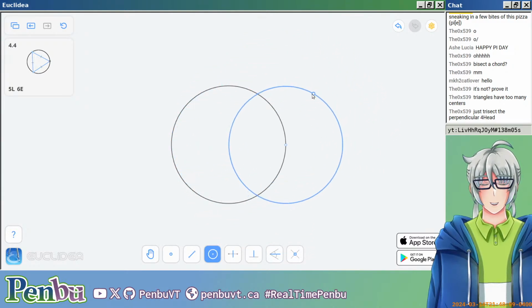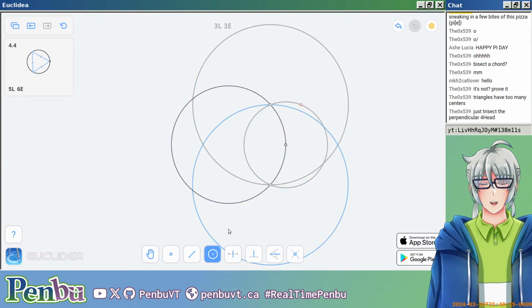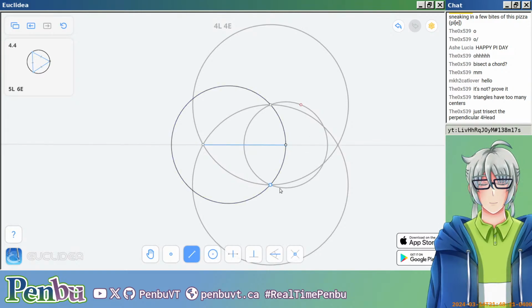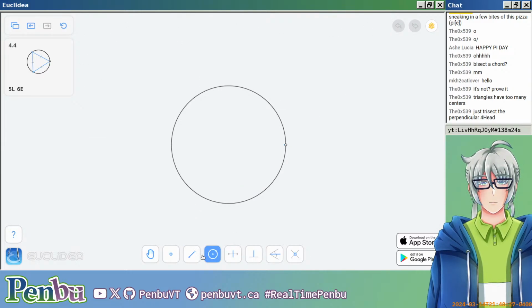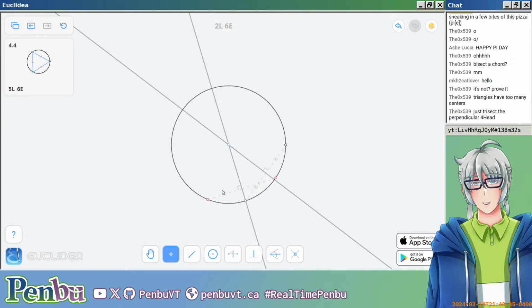But all we can do really is maybe create a circle here. We can find the center of the circle by doing this twice. So we can bisect the chord twice. We get the center of the circle.